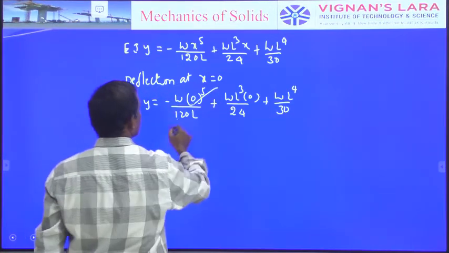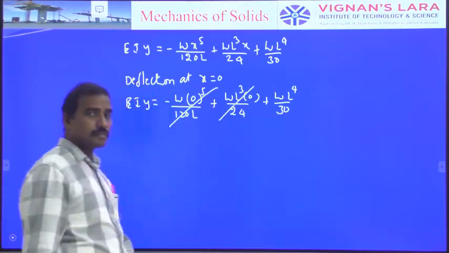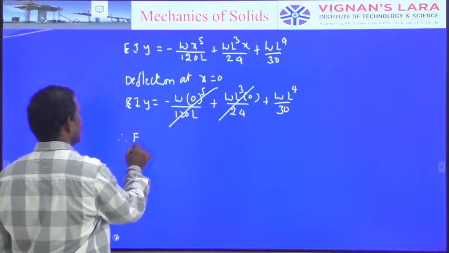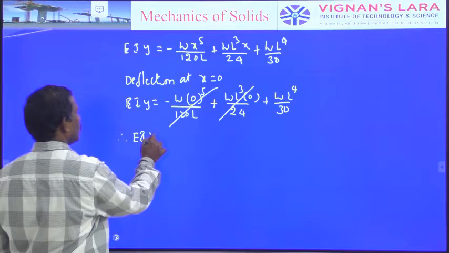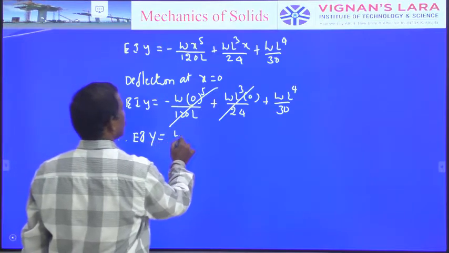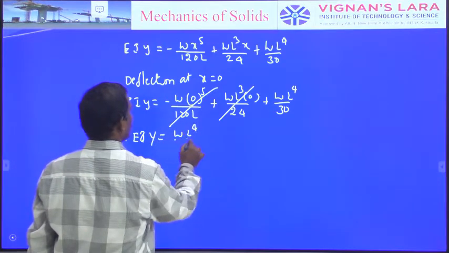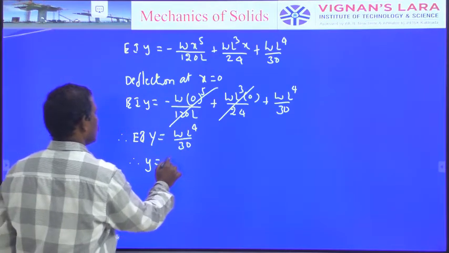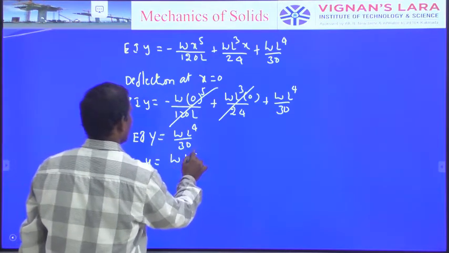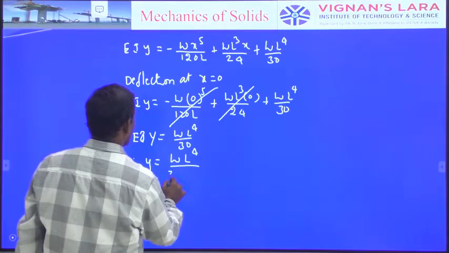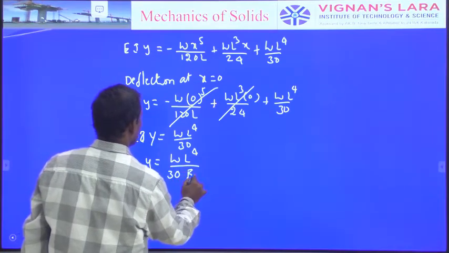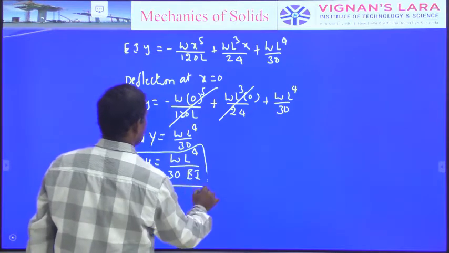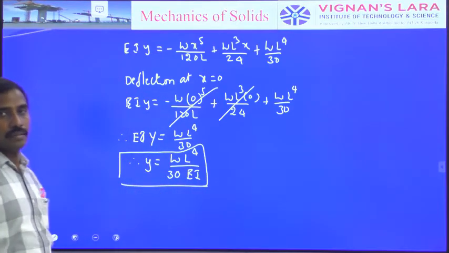These two values are 0. Therefore, EI into y is equal to WL power 4 by 30. Therefore, y is equal to WL power 4 by 30 EI. This is the deflection at the free end.